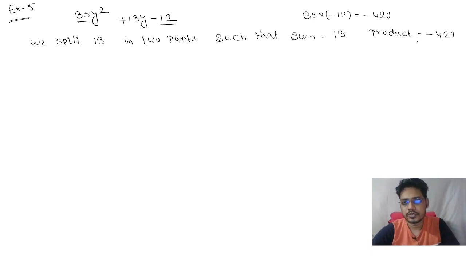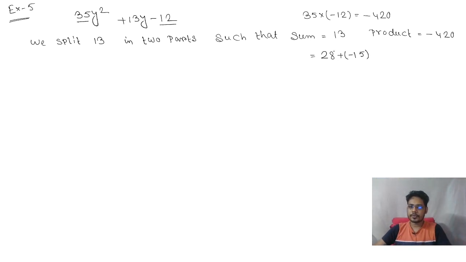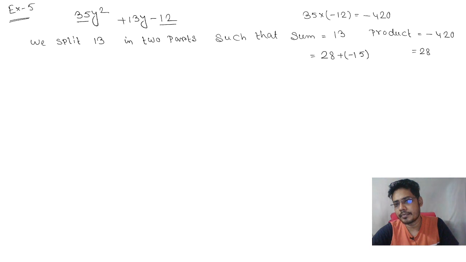So how can we do it? It is 28 and minus 15. We split this into two parts, where 28 minus 15 makes 13 and 28 multiplied by minus 15 gives you minus 420.